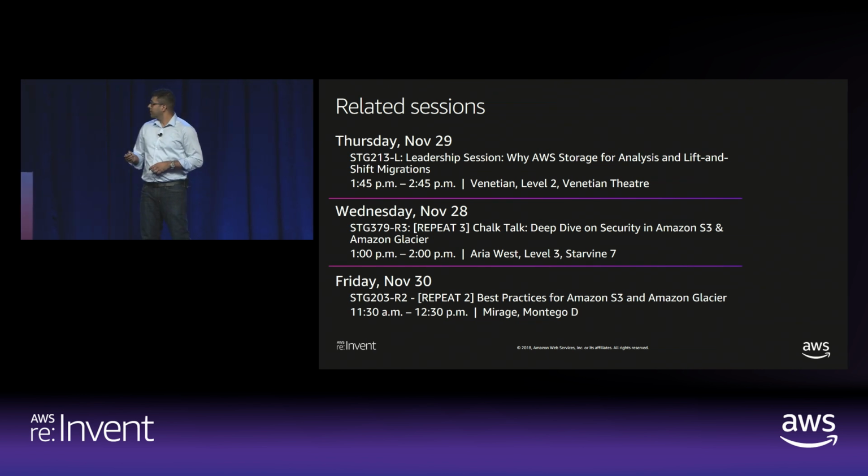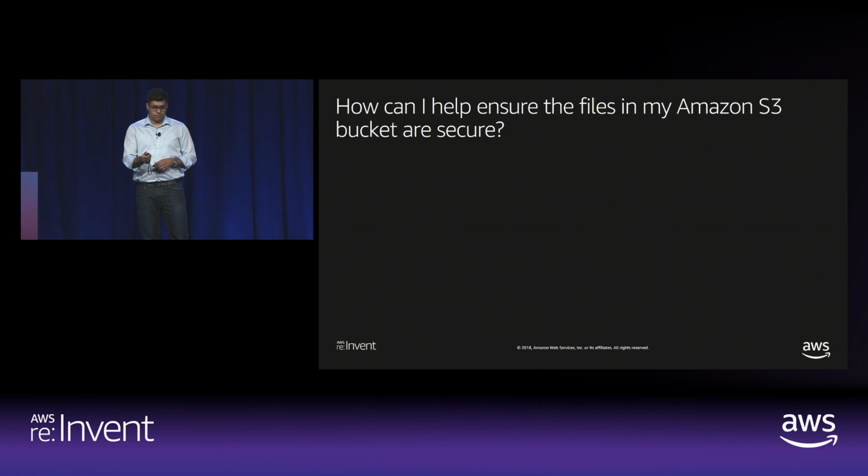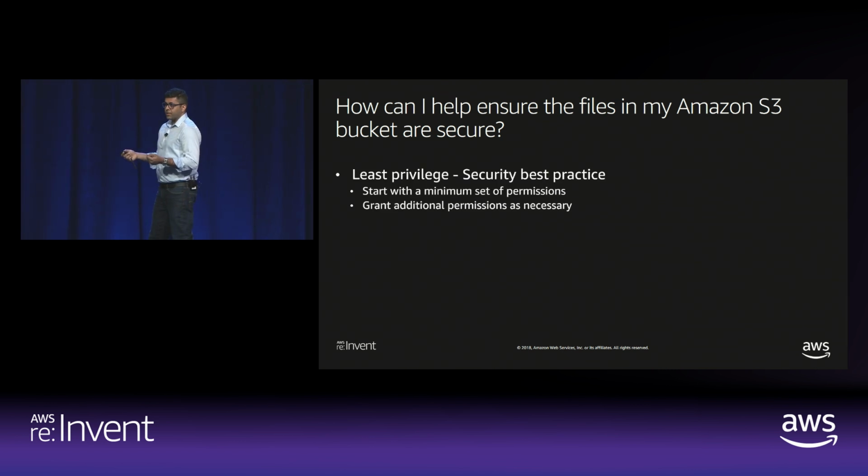All right, let's dive right in. To start with, when you create a new AWS account, or even if you're an existing user, you're probably thinking, how do I best secure my data in S3? And if you're using AWS, it's best practice to exercise least privilege.